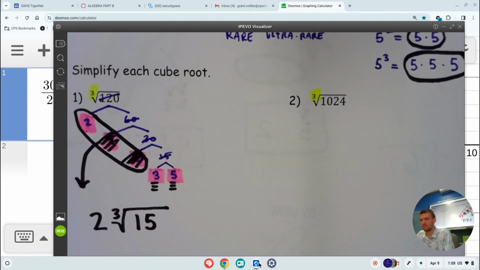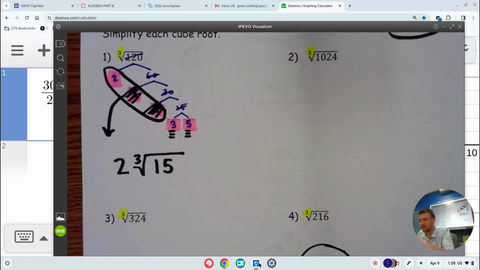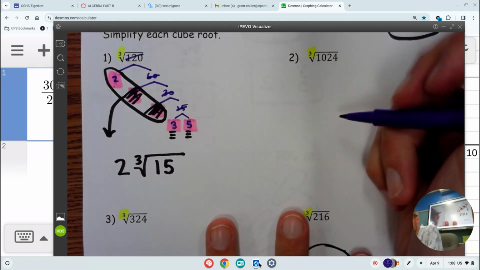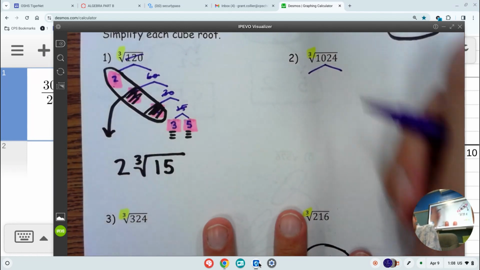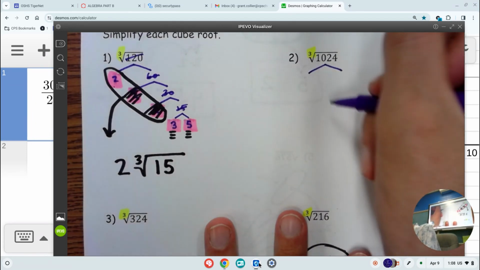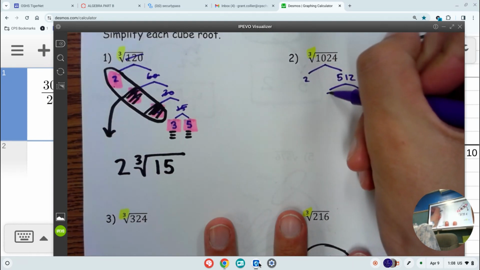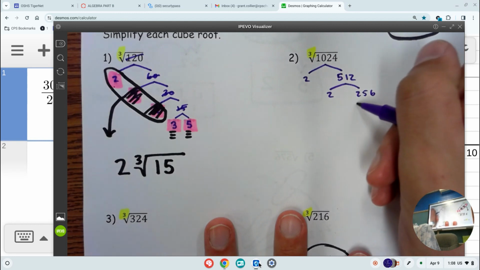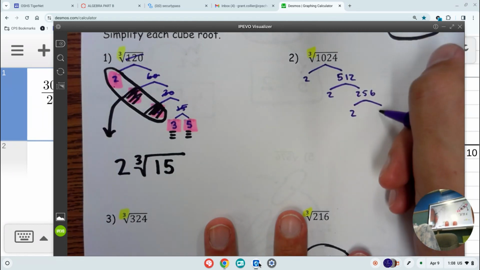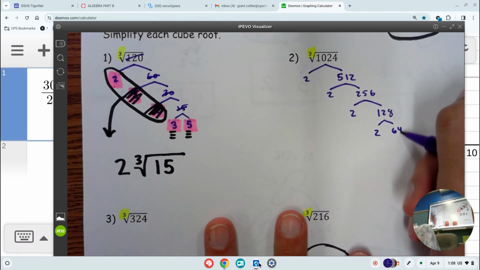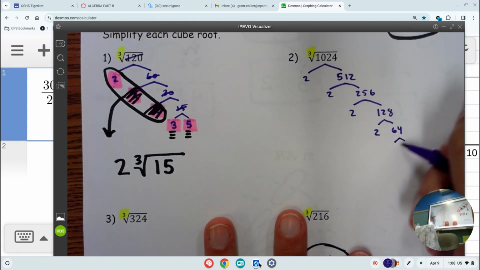So number 2 is a great big number, and we're going to get a whole bunch of stuff. I'm going to go through this pretty quickly. Okay? 1024, it's actually a pretty popular number in mathematics and computer science. 2 times 512. 2 times 256. 2 times 128. 2 times 64. 2 times 32.